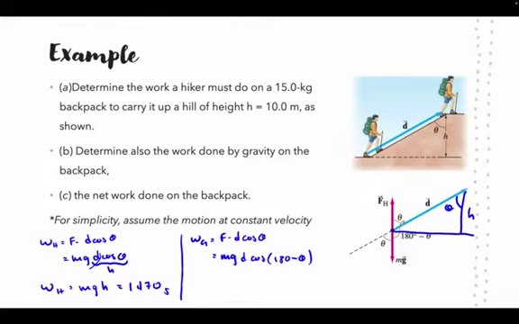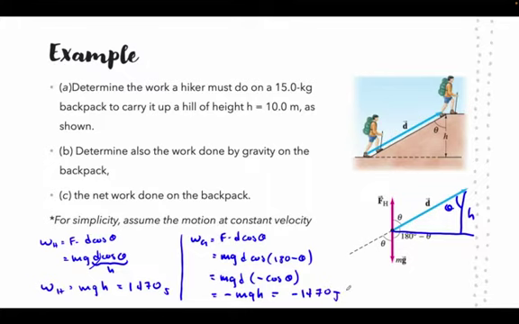But we also know that cosine of 180 minus theta is negative cosine of theta, which means that this becomes mg d times minus cosine theta. So this becomes minus mgh, which is minus 1470 joules.